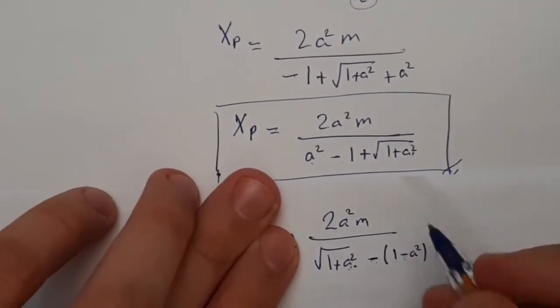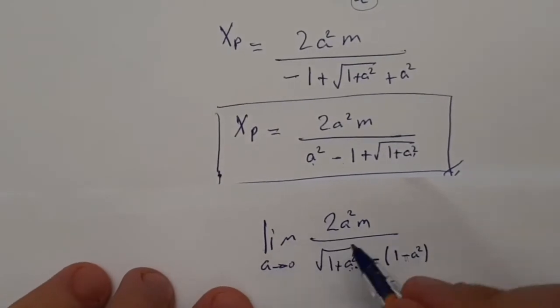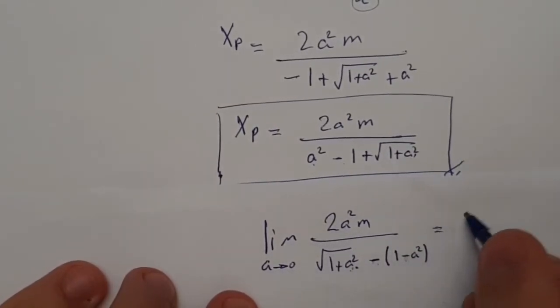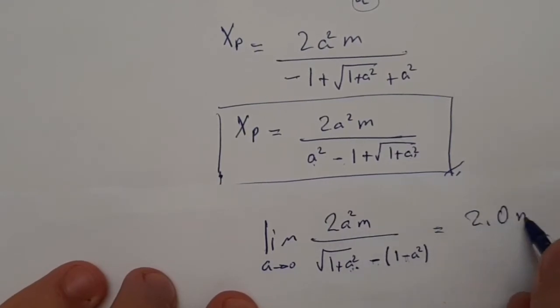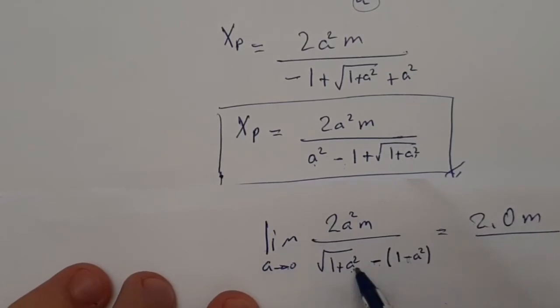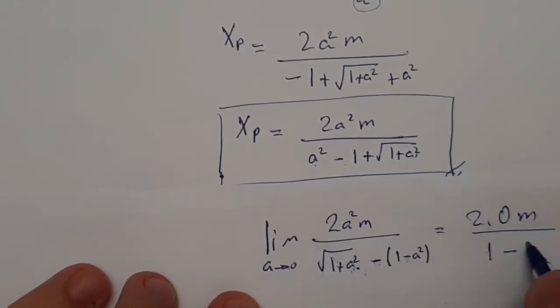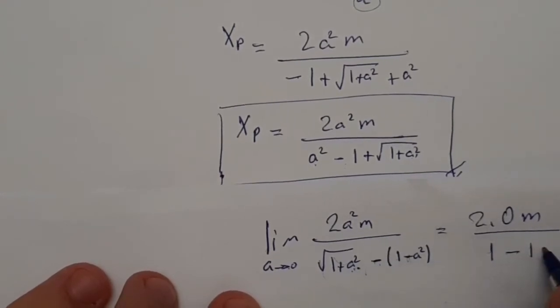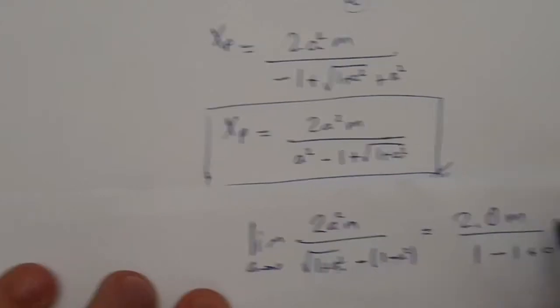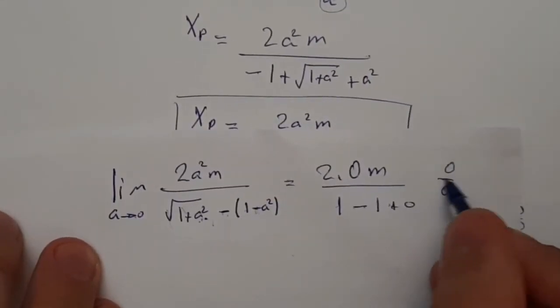Why did I do this? Notice, when a approaches 0, if you just put 0, like 2 multiplied by 0, m divided by, well, a squared going to 0, so 0, square root of 1 is 1, minus 1 minus 0, so it will be 0 divided by 0, right?